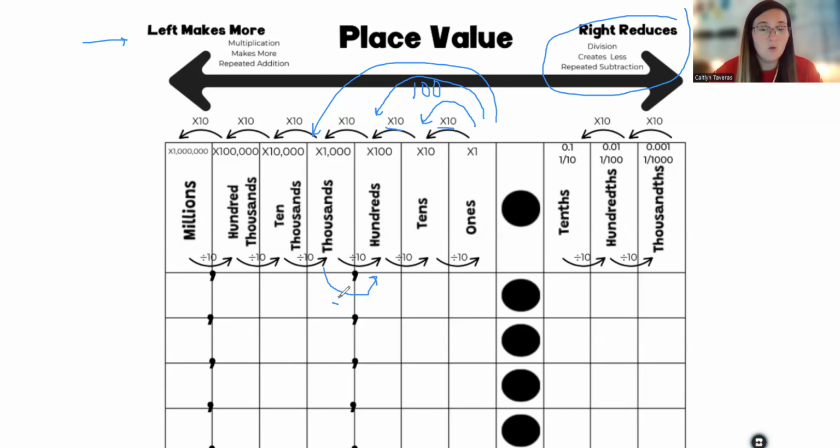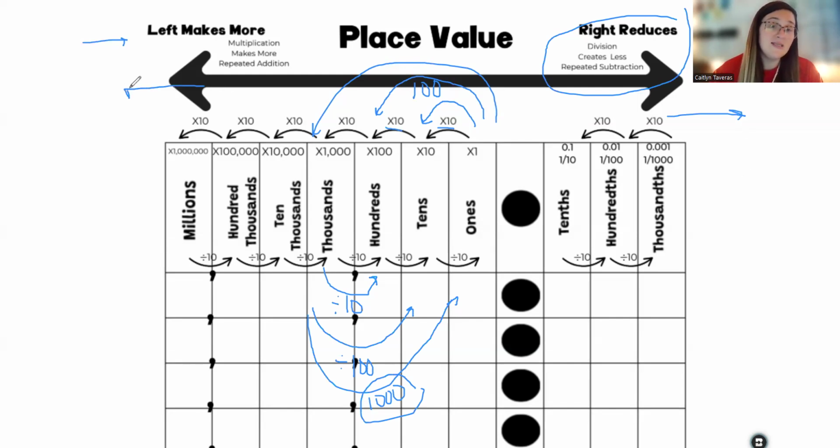So as I said, 1 place over is divided by 10. 2 places over would be divided by 100. 3 places over would be divided by 1,000, and so on. Just multiplying by 10 each time to get that number. As long as you remember, moving to the right is divided by 10 each place. Moving to the left is multiplying by 10 for each place.